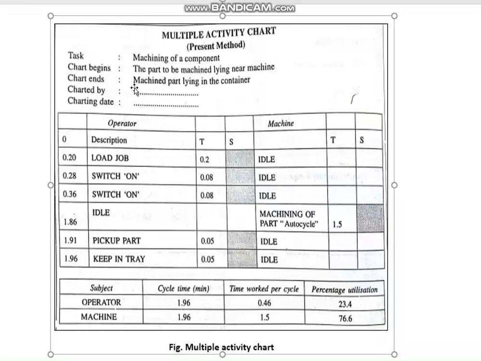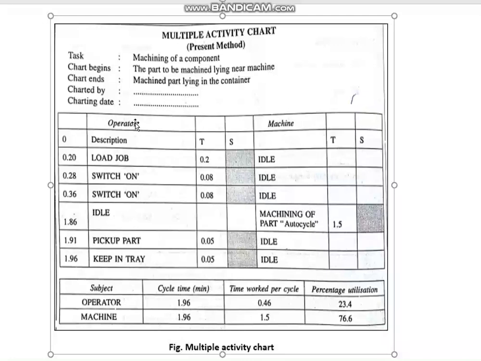In your books you may not be having these things, but in the exam when you write the answers, the examiner will be expecting you to write these things. It may make just a 1 mark difference between a person who writes this and who doesn't. Okay, now let us see. See, this is the chart.